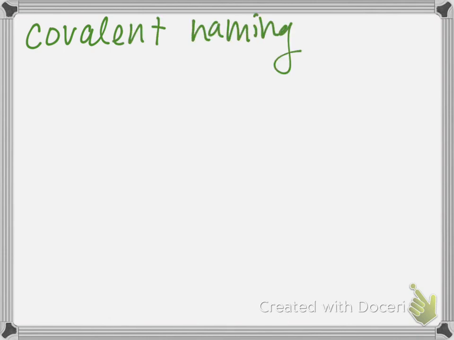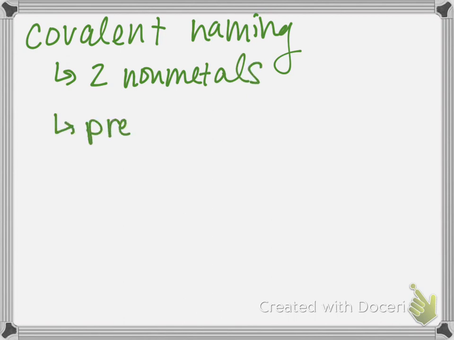Okay, very good. What's the difference now with covalent naming? Good. Covalent naming, we are going to use the prefixes. A covalent molecule has what? Two nonmetals. Good. We have to use the prefixes. Do we need to write those out, or do we feel comfortable with those? You kind of remember what they are, at least up to the first four, right?